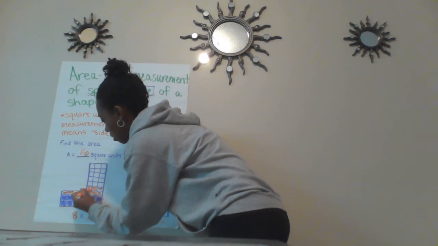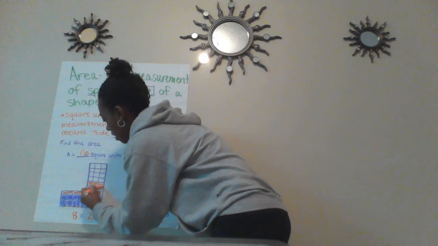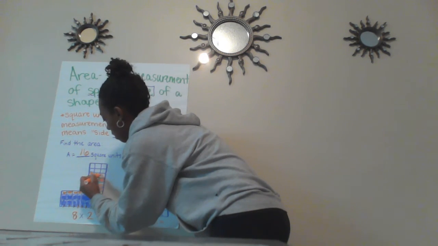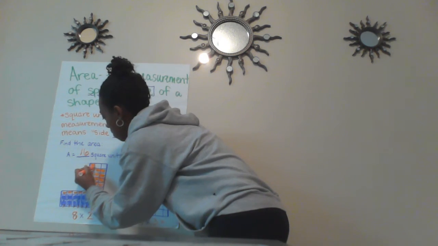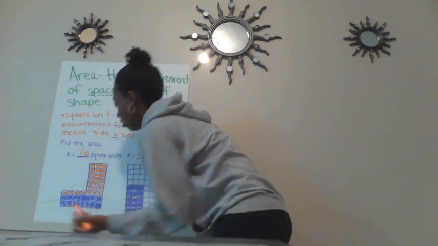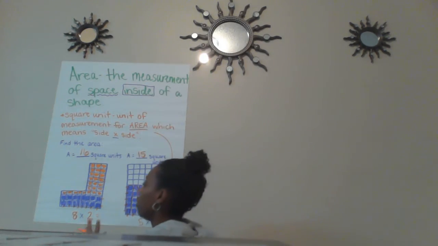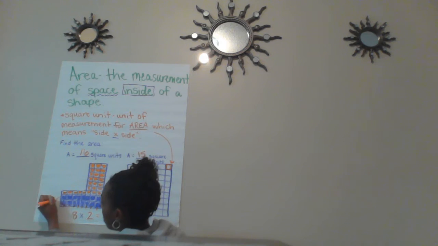You got all of this shaded. Now, this is one of those irregular shapes that we talked about, because it doesn't have the same perimeter around the whole entire shape. So, what you would do here, you already know that this right here is 16.